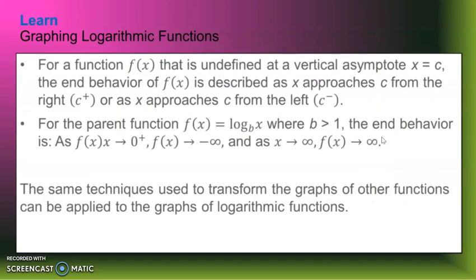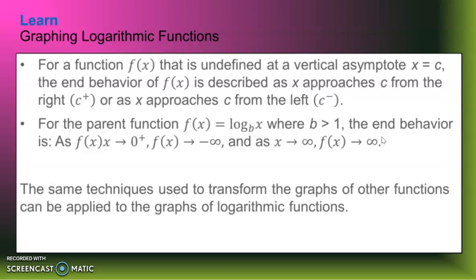Before we get to the first one to graph, let's look at the end behavior. For a function f of x that is defined at a vertical asymptote, x equals c, c is just referring to which direction you are going from: the positive side or the negative side. You wouldn't want to say that x is decreasing, because that would mean it can go to negative infinity on the x-axis, and that's not true.